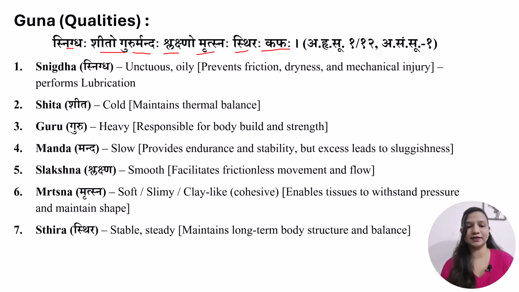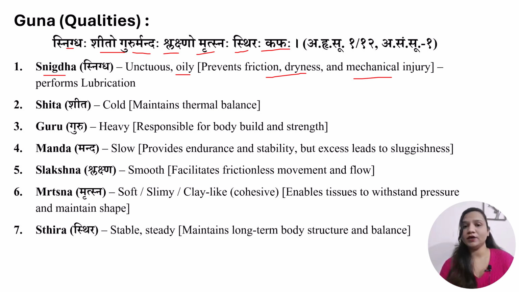First one is Snigdha, means oily. So Kapha Dosh is oily in nature, or it has a quality of oiliness, and due to this quality it prevents friction, dryness and mechanical injuries to the body. So in short, it performs the function of lubrication in the body, which includes lubrication of joints.